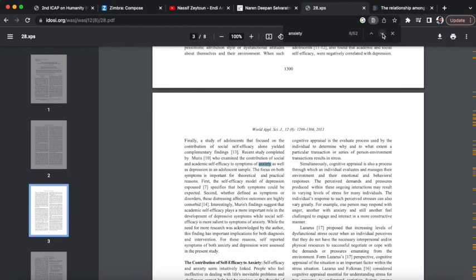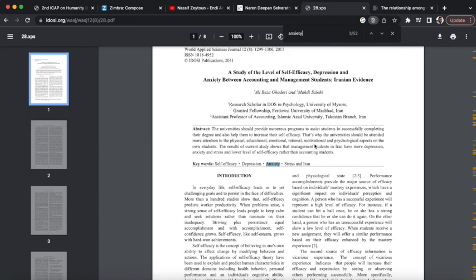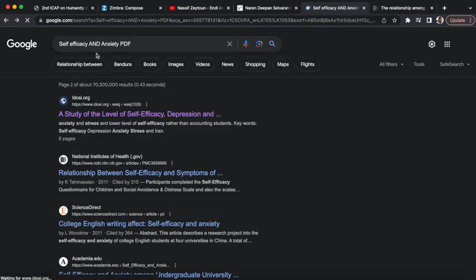So now if you have this paper, you of course have quite a lot of information about anxiety. So let's see whether we can find some definition of anxiety here. Okay, I can't seem to find a clear definition here, but I'm going to just search that.